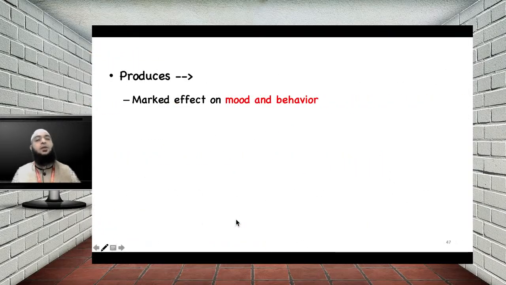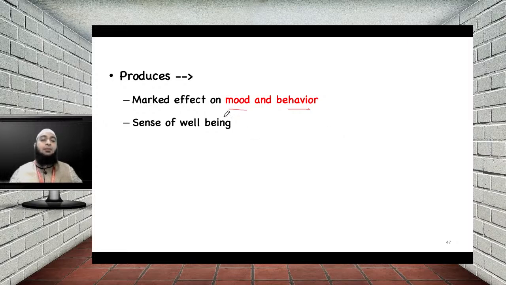Next thing is that it produces a marked effect on mood and behavior. And we know that cocaine is one of the drugs of addiction. So many addict patients take cocaine. Why are they taking it? Because mood and behavior are affected by cocaine. The patient feels a sense of well-being, right? No matter how much stress he has, how poor he is, or how many problems he has, he forgets them after taking cocaine.